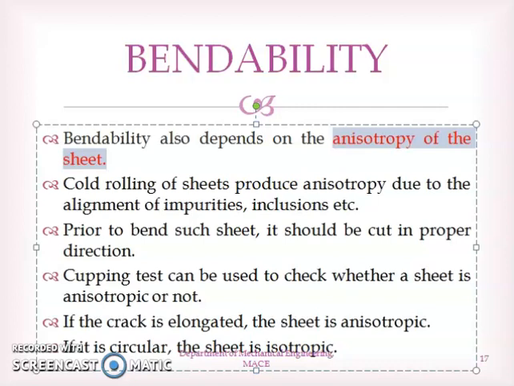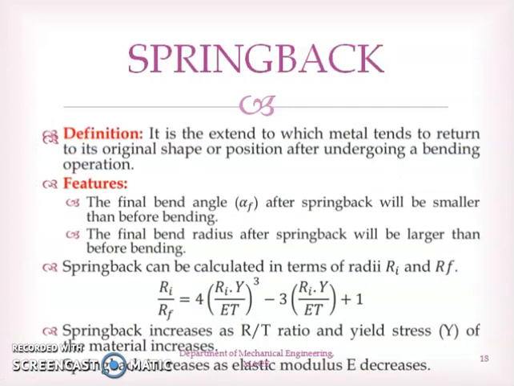Also, a cupping test can be conducted to check whether the sheet is anisotropic or not. In this test, if the crack is elongated, the sheet is anisotropic, and if it is circular, the sheet is isotropic.